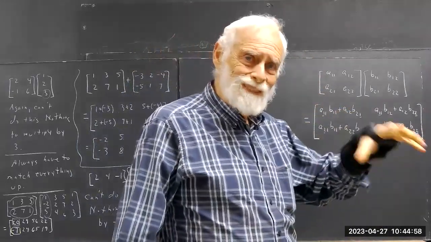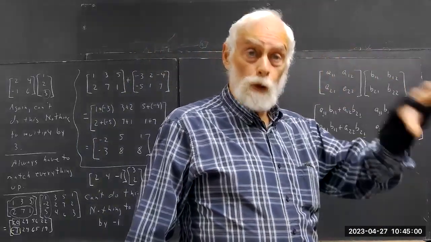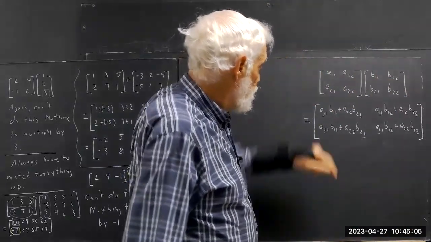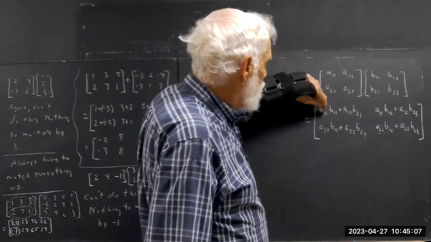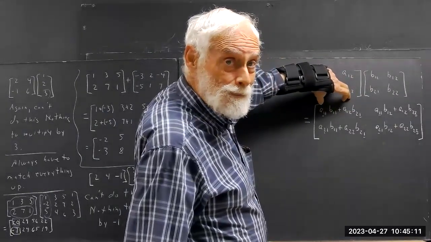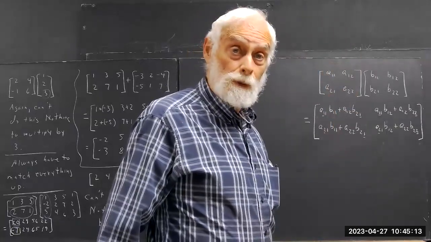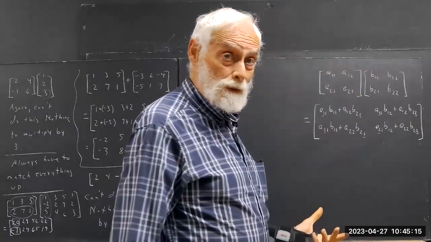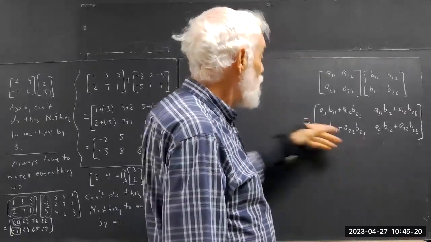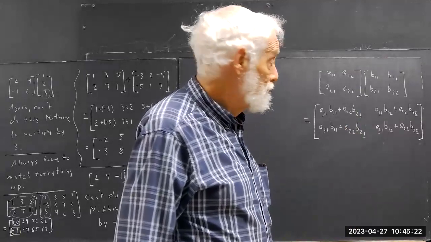I just want you to get the idea of looking at the subscript and understanding. What's the significance of 1, 1 for this number? Well, it's the first row and first column, right? What's the significance of the 2 and the 1? It's the second row, first column, right?